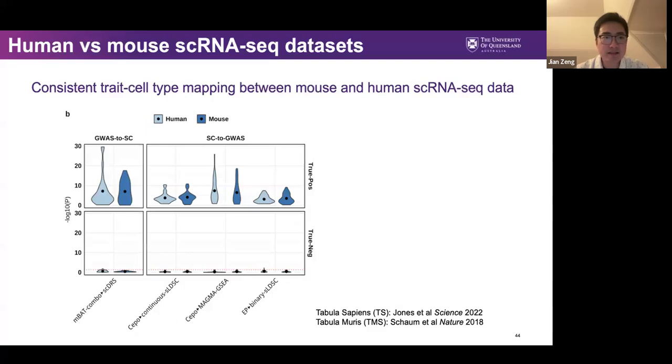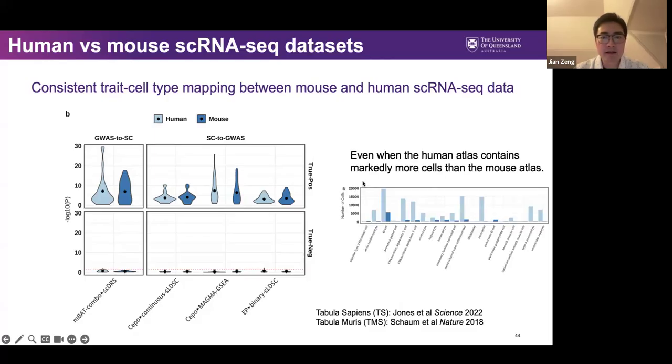And second, we look at the species of origin for the single-cell RNA-seq data set, whether it comes from human or mouse. In our data set, we use Tabula Sapiens and Tabula Muris from the same group.